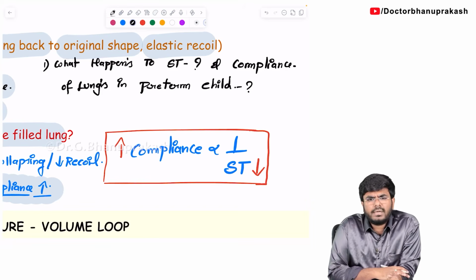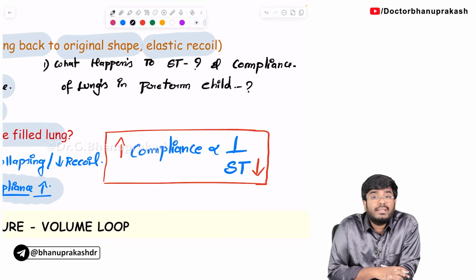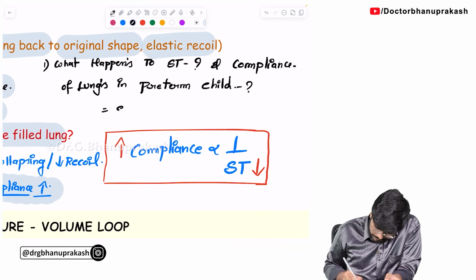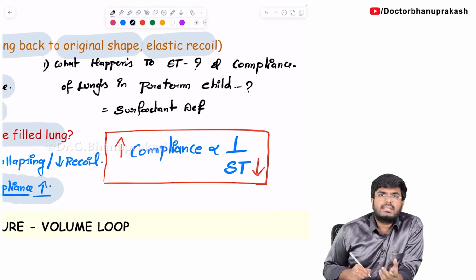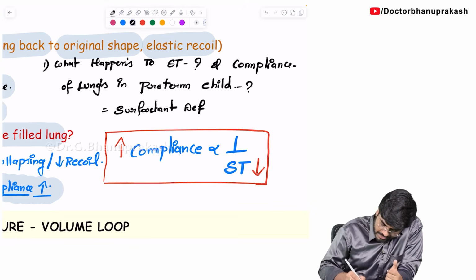You tell me. Preterm means let's say the baby is born around 30 weeks of gestation. We all know in a preterm child enough surfactant is not there. So here there is surfactant deficiency. Surfactant is not there, so what will happen to the surface tension force?